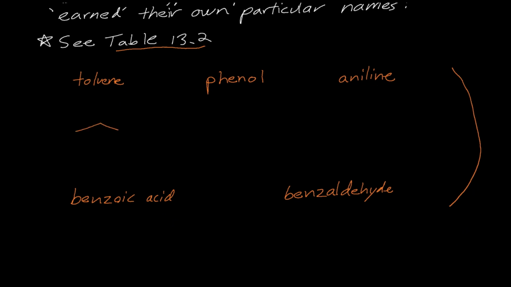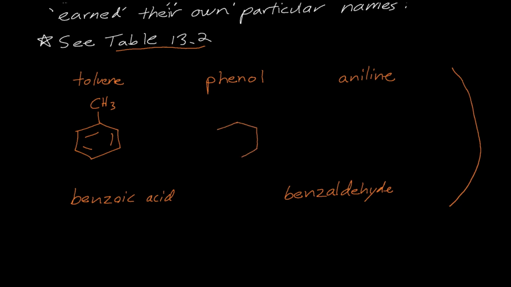Toluene is a benzene ring with a methyl group on it. So it's real common in nature. It gets its own name because it's seen so often. Toluene is the good or bad smelling, depending on your point of view, stuff in model glue.